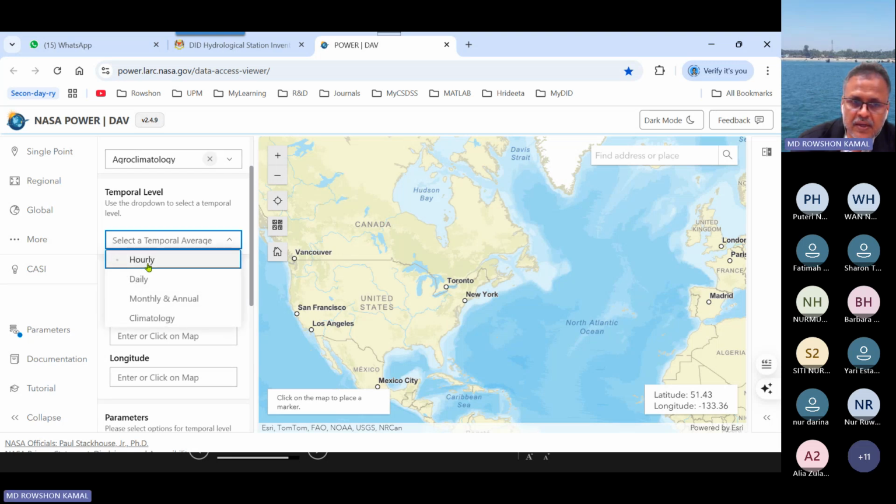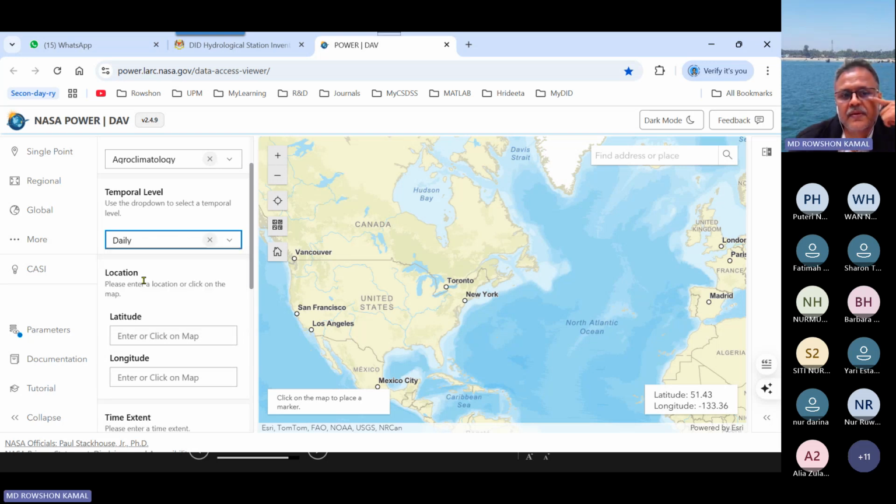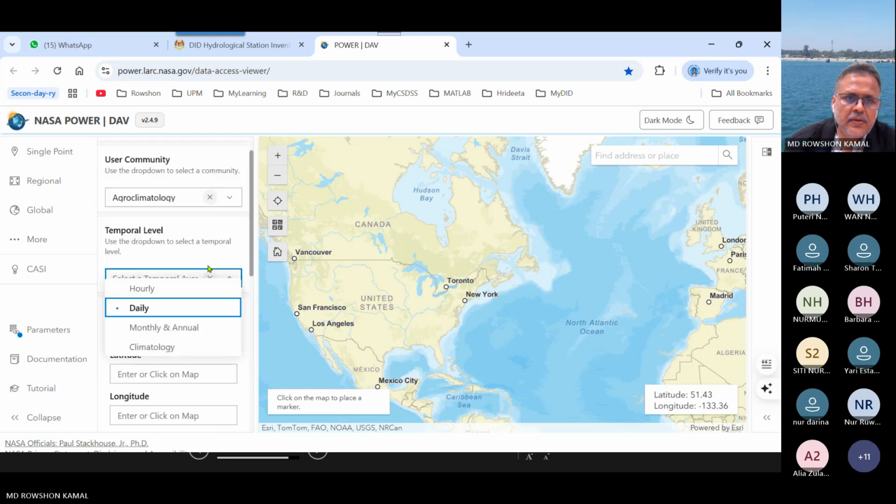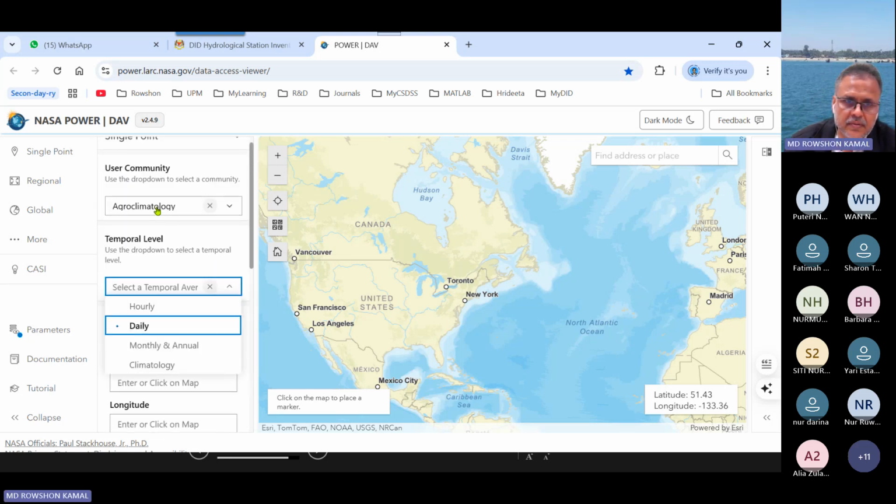Do you want hourly, daily, or monthly? Let's say daily. Choose daily. Otherwise, we can choose monthly and annual. We don't need hourly. So we have chosen the community, then we have chosen daily.